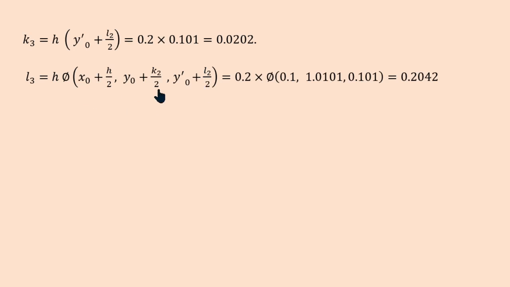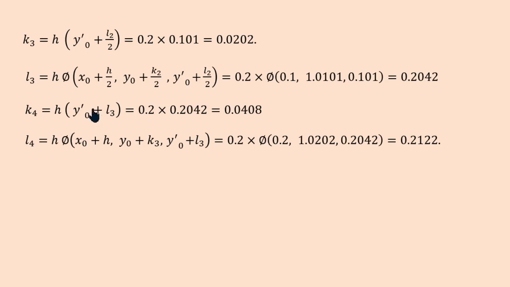Now this is 0.1 and y naught is 1, so 1.0101, and L2 by 2 plus 0, that is 0.101, and then 0.2 into y plus x y dash, 1.0101 plus 0.1 into 0.101, that is 0.2042. This is L3.